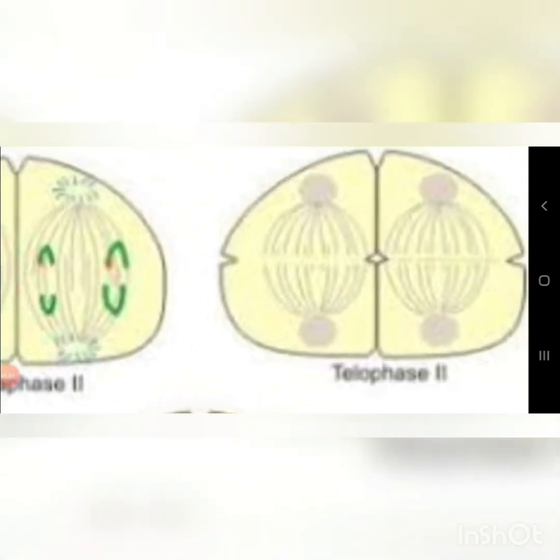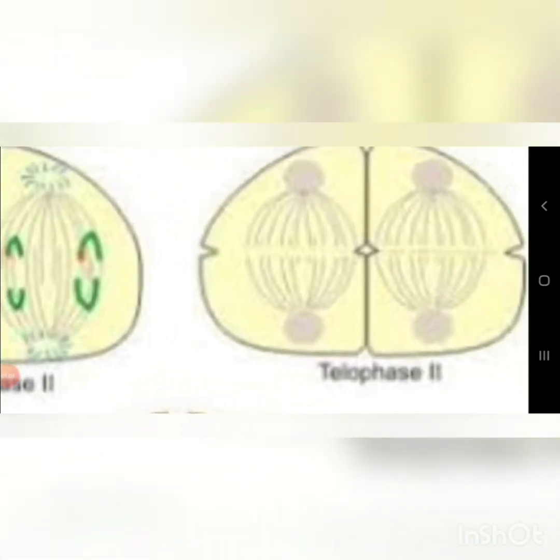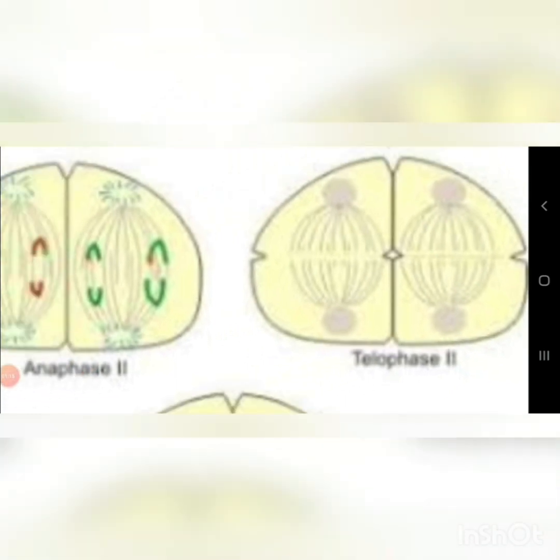Daughter chromosomes are centered, nuclear membrane and nucleus appear. Then cytokinesis. 2 cells are formed from haploid daughter cells. As a result, 4 cells with the haploid number of chromosomes are formed.